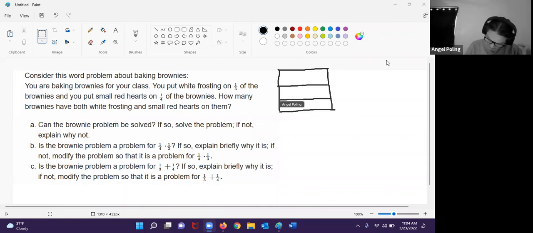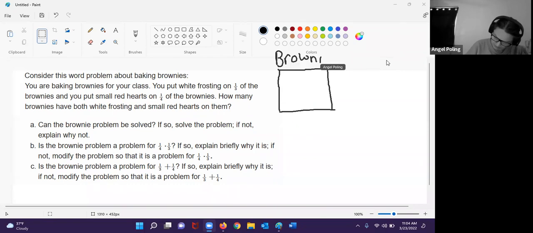So here we have our brownies. And then we're going to frost a third. So let's get our frosting out. So I'm going to frost a third.